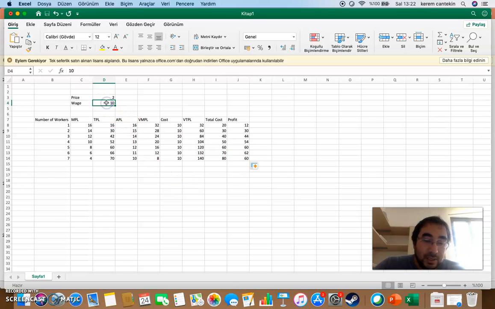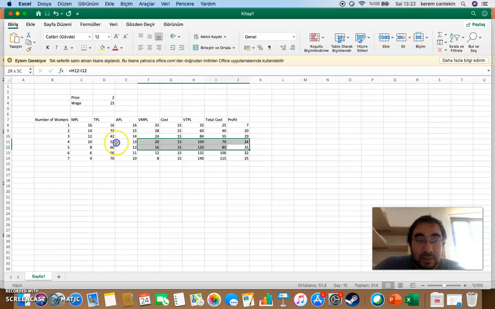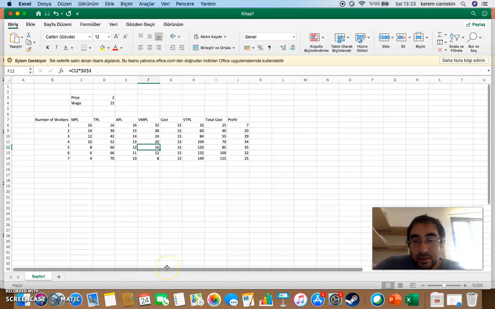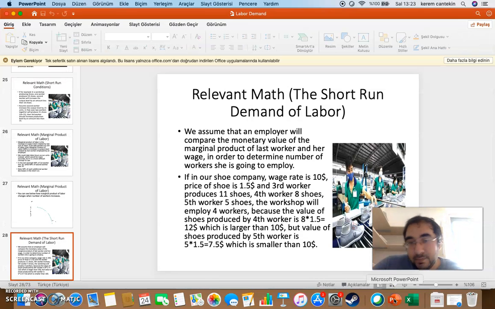Well, if the wage increases to, for example, $15, now the profit increases only up to the point when our employer is employing the 5th worker, because the value of marginal product of labor, 16, is still above the wage level, which is 15. For the 6th worker the value of marginal product is 12, but the wage is 15. So this is the basic logic.